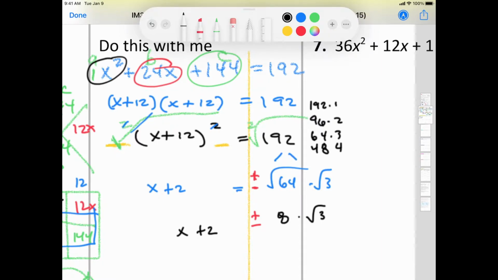What I wanted to show you was that this was the largest perfect square. That's why I chose 64.